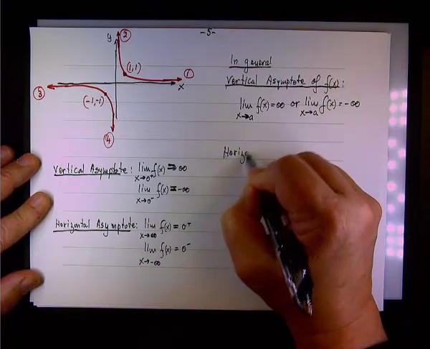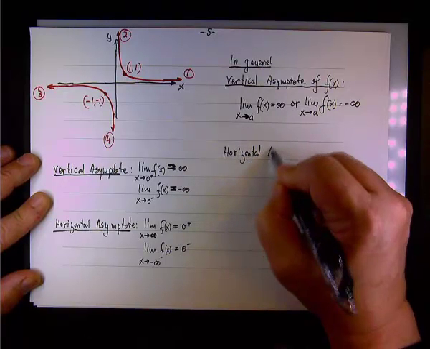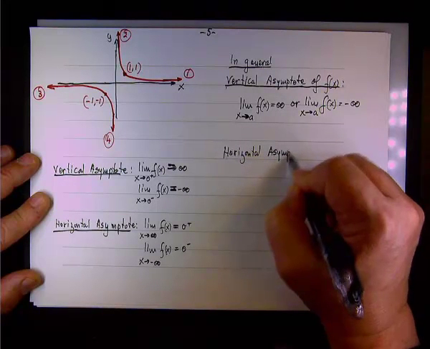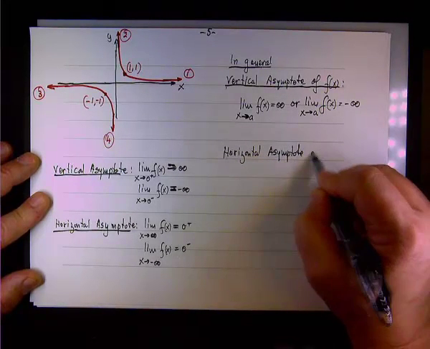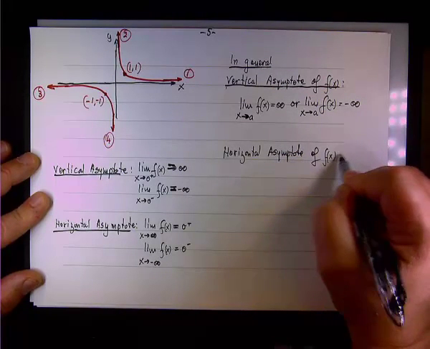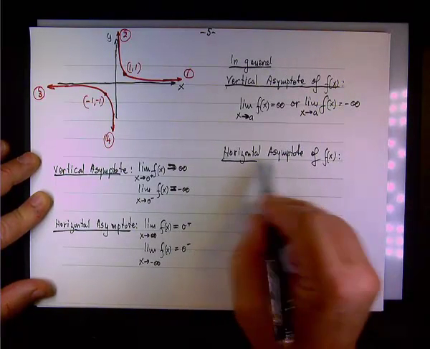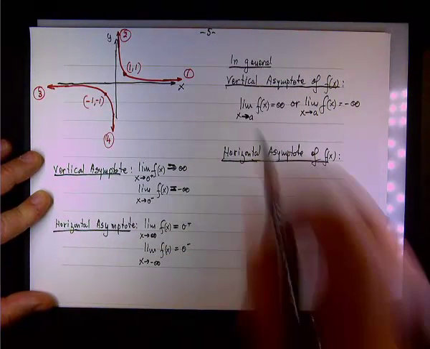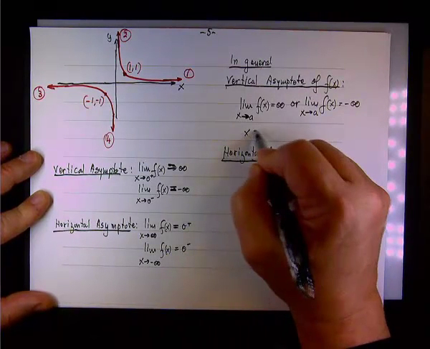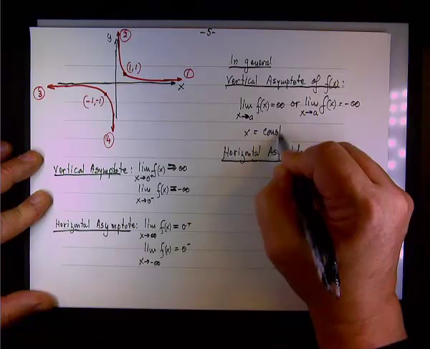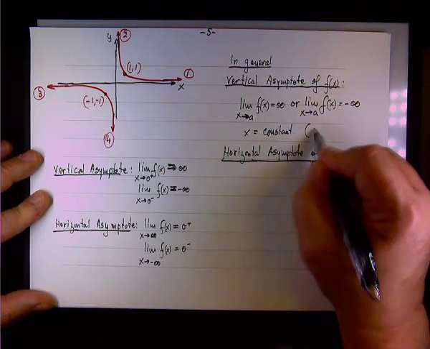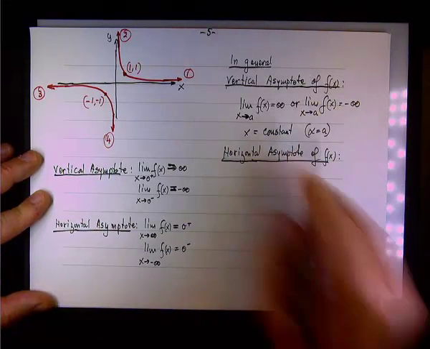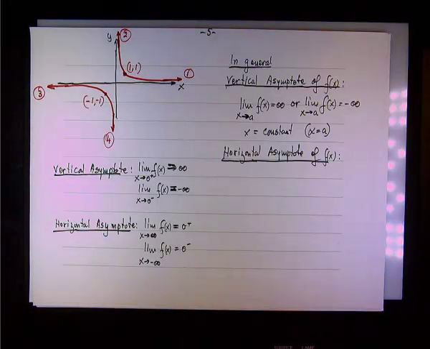The general form of a horizontal asymptote, and with that I'll finish. The outcome is x equal a constant. In this case, x equal a. Okay?